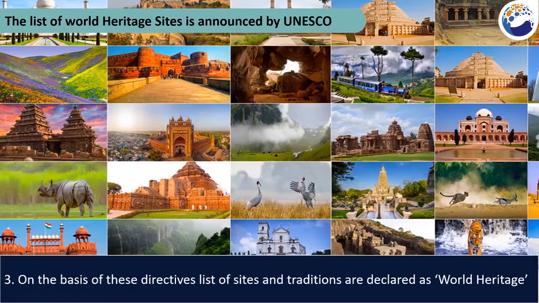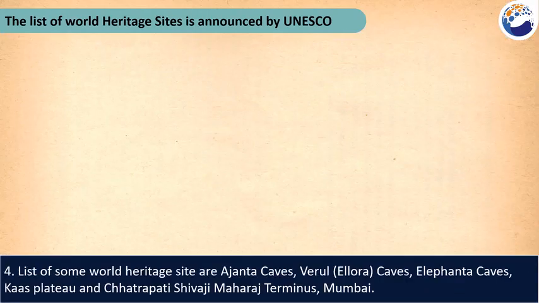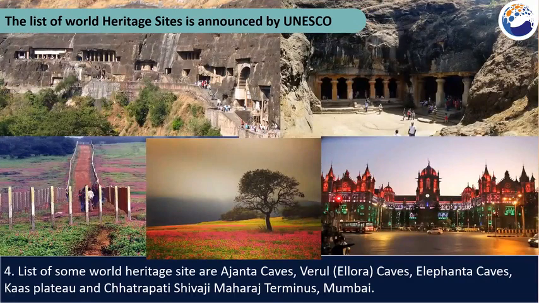On the basis of these directives, a list of sites and traditions is declared as World Heritage. 4. Some World Heritage sites are Ajanta Caves, Verul, Ellora Caves, Elephanta Caves, Khas Plateau, and Chhatrapati Shivaji Maharaj Terminus, Mumbai.